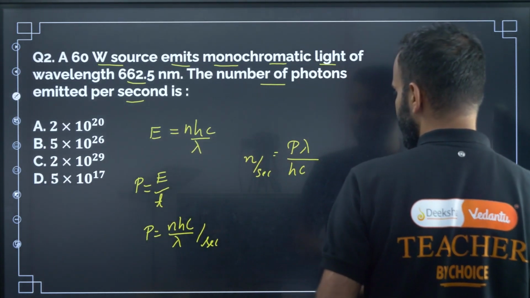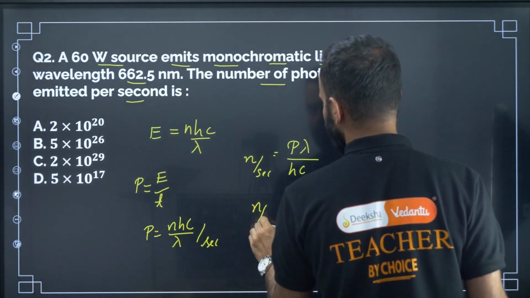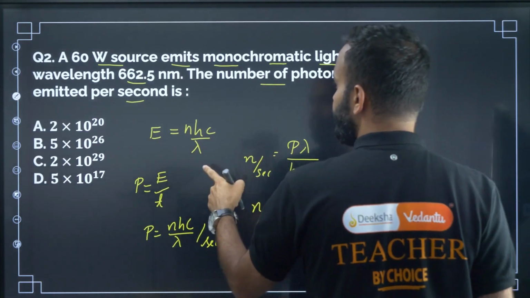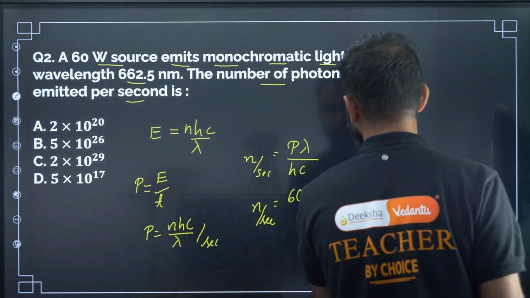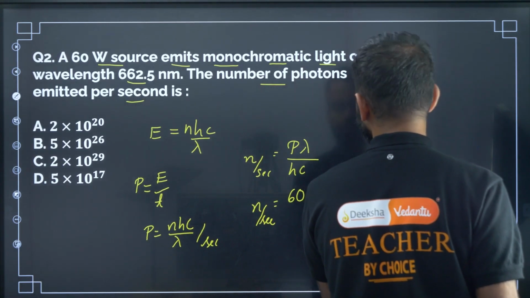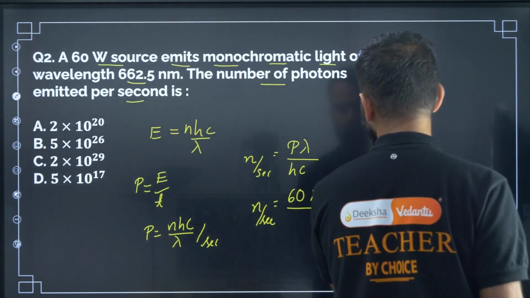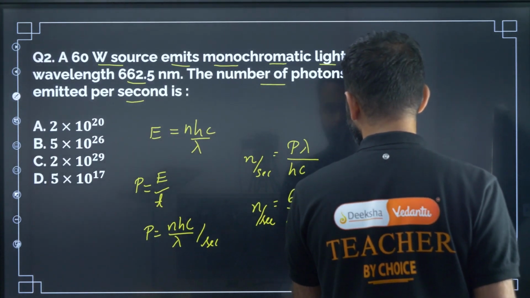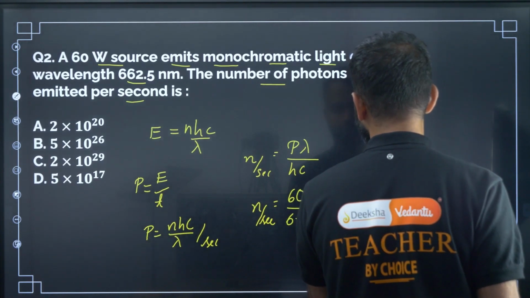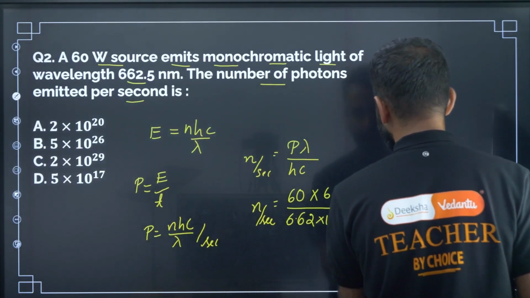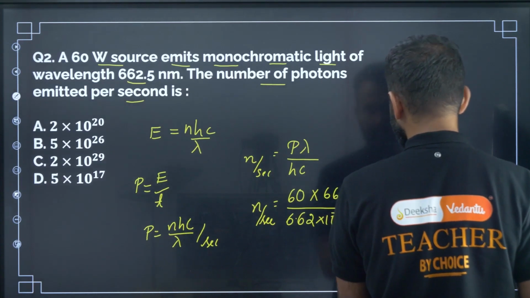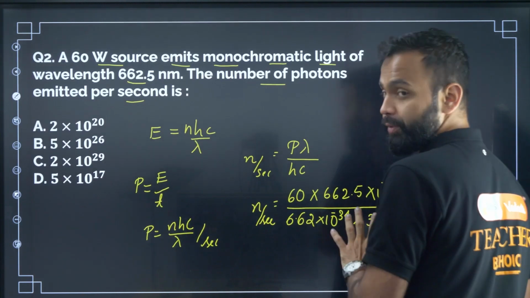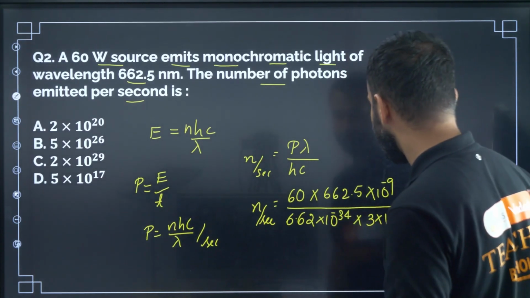Now n per second is equal to P, 60 watt, into lambda, 662.5 nanometer, that is 10 to the power minus 9 meter, divided by h, Planck's constant, 6.62 into 10 to the power minus 34, into c, the speed of light, 3 into 10 to the power 8 meter per second, not minus.